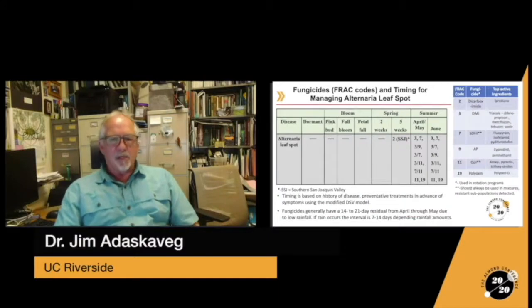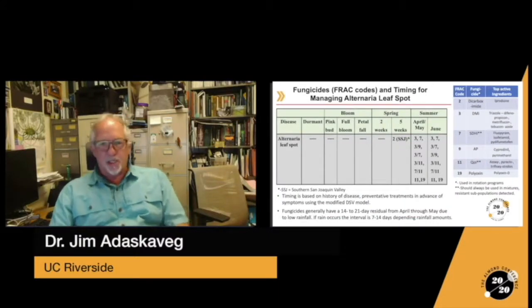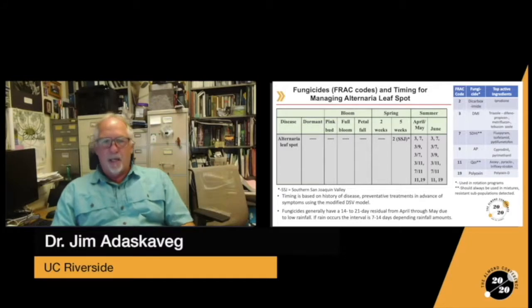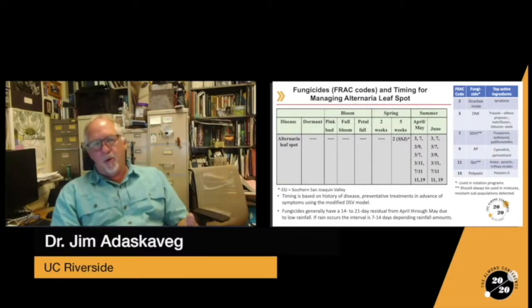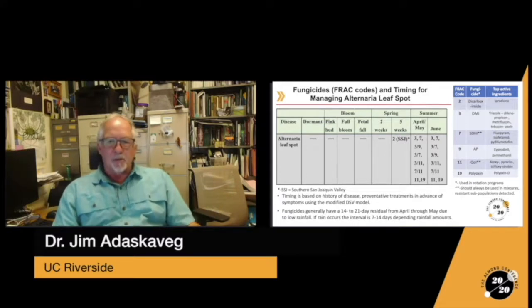So our goal with these fungicides is to push the disease progress curve across from the early part of the season, getting defoliation possibly without fungicides in July, and then to getting defoliation in October, November, when the trees are going to naturally lose their leaves. The fungicides that we've identified as effective are shown on the right.